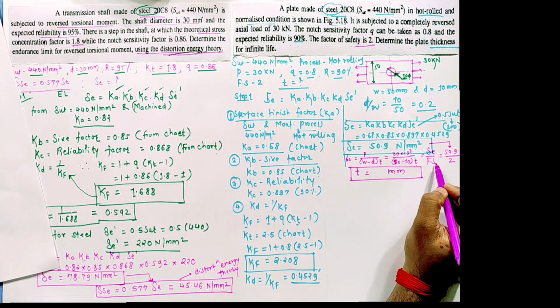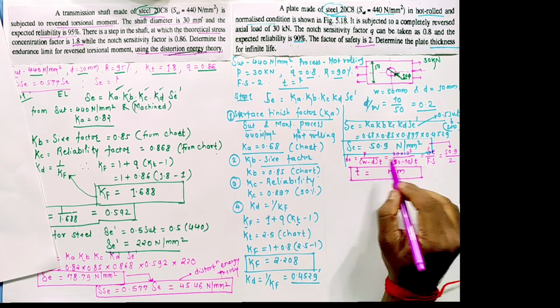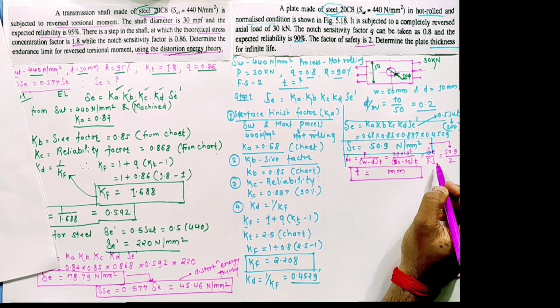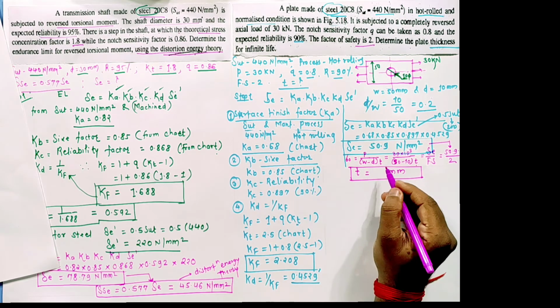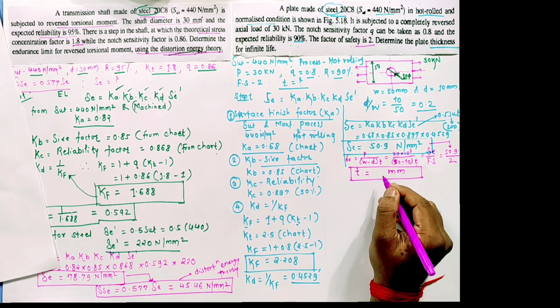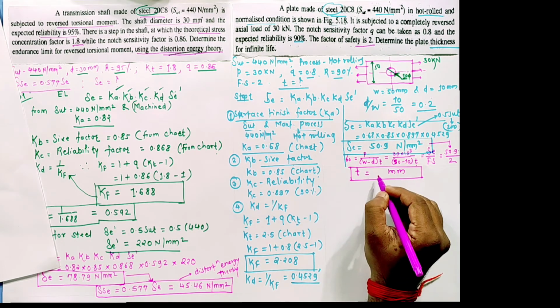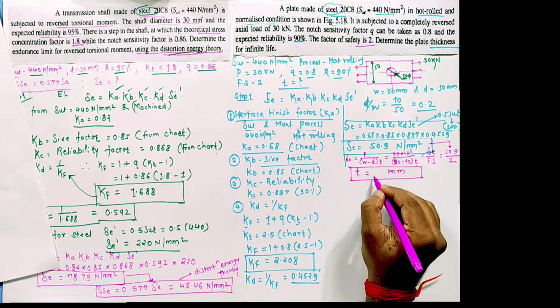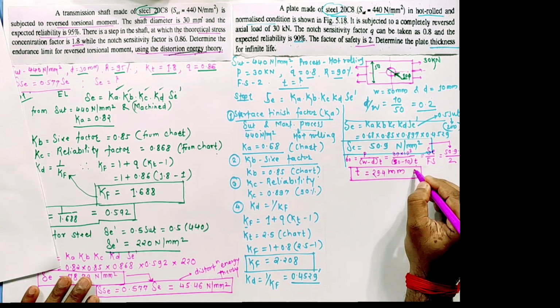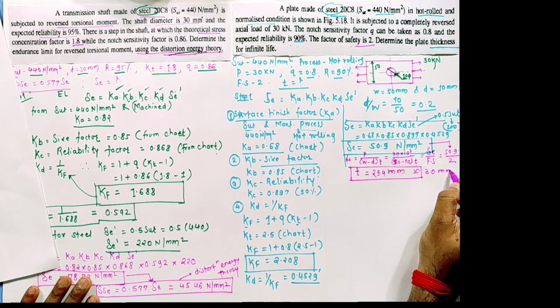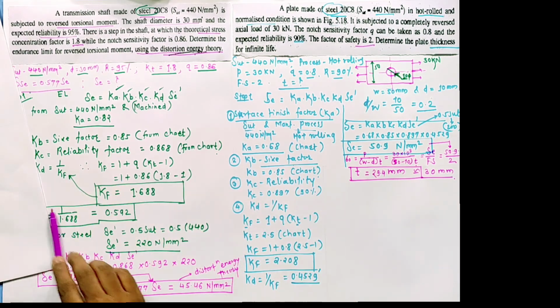Se is calculated, factor of safety is given, so our thickness is 29.4 mm, which is nearly equal to 30 mm. So I hope you understood this.